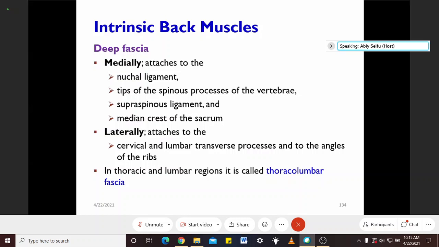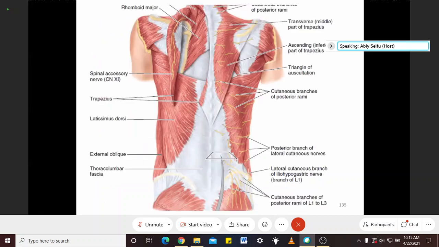Laterally, it is attached on the transverse processes, specifically in the lumbar and cervical regions, and on the angles of the ribs in the thoracic region. This fascia is called the thoracolumbar fascia.